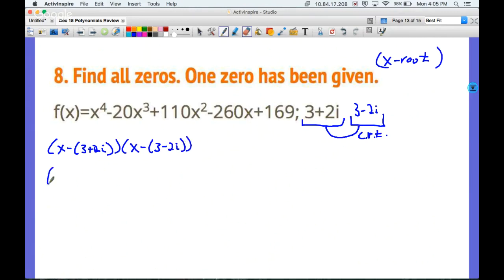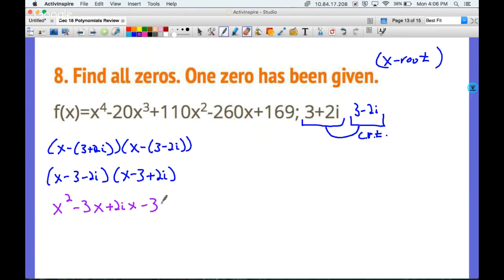Let's distribute the negative there. We get x minus 3 minus 2i and x minus 3 plus 2i after I distribute the negative. All right, let's keep distributing these, see what we get. I'll do my first term to all 3, so I get an x squared minus 3x plus 2ix.